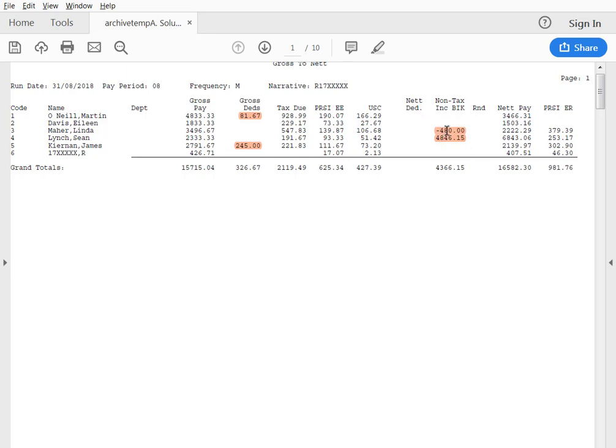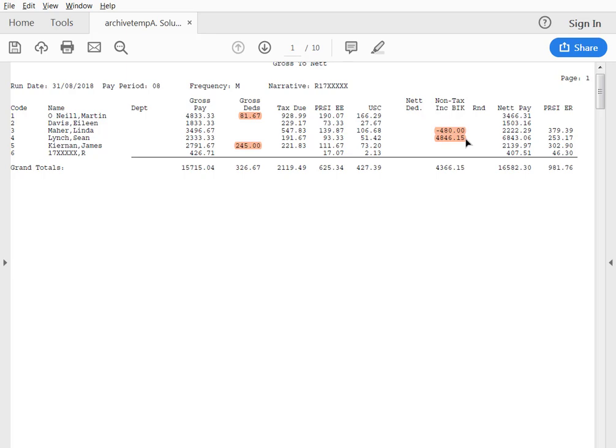I'm going to deduct the 480 from the gross pay because it's benefit in kind, and it doesn't matter what benefit in kind it is, you will always deduct that from the gross pay because we don't actually pay it. And then the 4846.15 is an additional expense to us, which is redundancy. So I'm going to have to include that in my expenses.